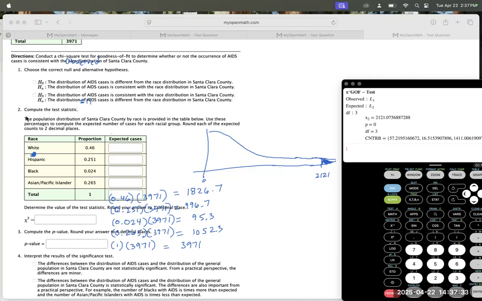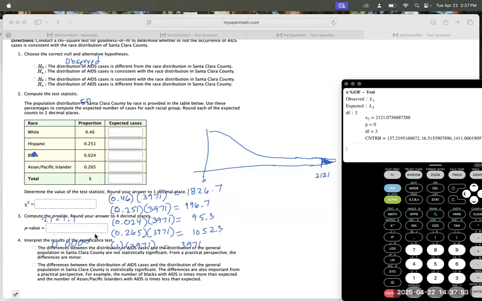So we would put 2121.0 to 1 decimal place, and to 4 decimal places the p-value is 0.0000. They're going to be choosy about having 4 decimal places.